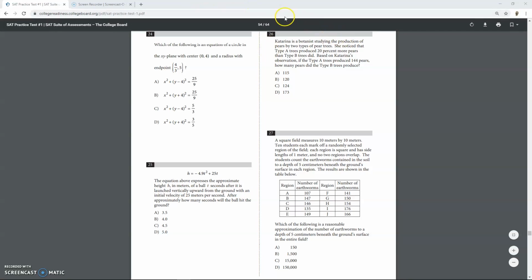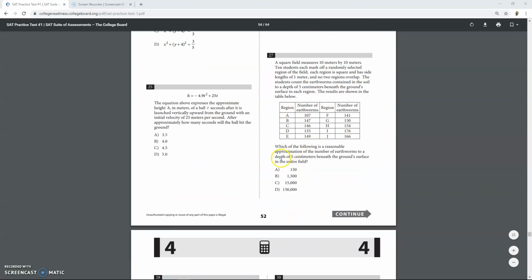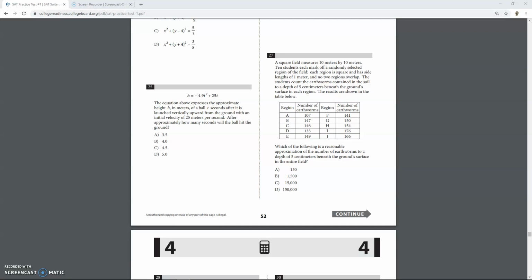For question 27, it wants us to see what is the reasonable approximation of the number of earthworms to the depth of 5 centimeters beneath the ground surface in the entire field. So we need to find out the depth of 5 centimeters beneath the ground surface here.